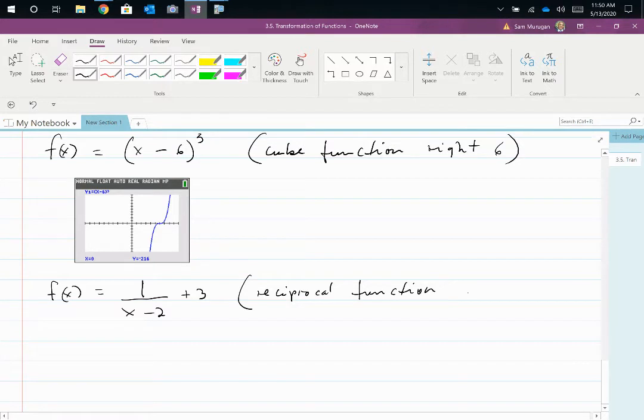Then the minus 2 here means it's shifted right 2, and the plus 3 means up 3.